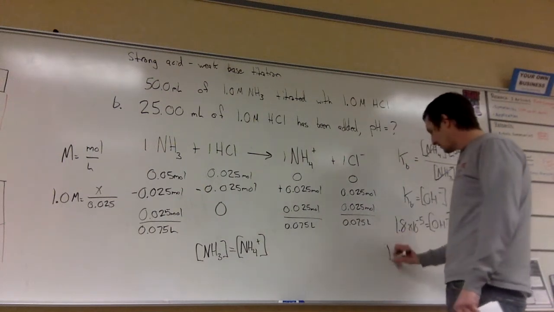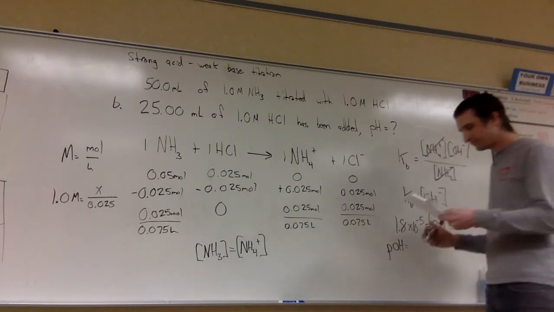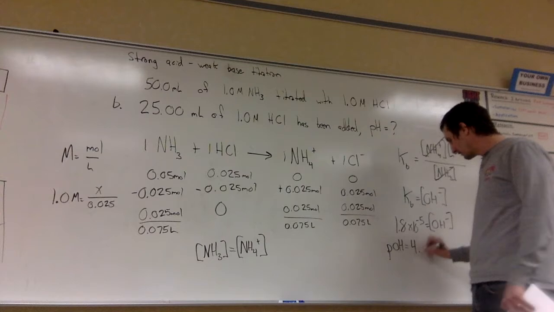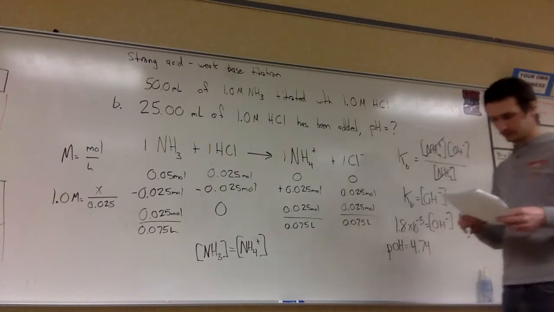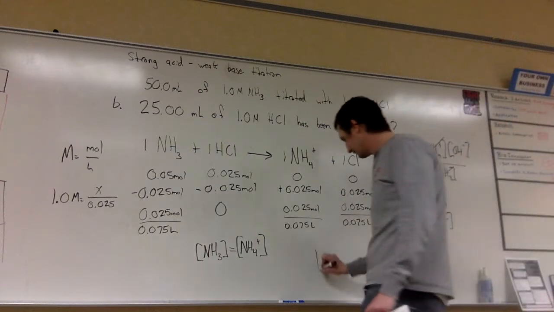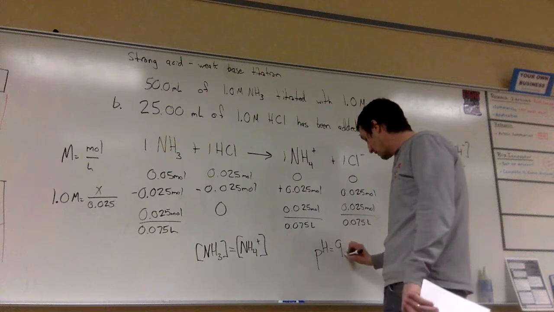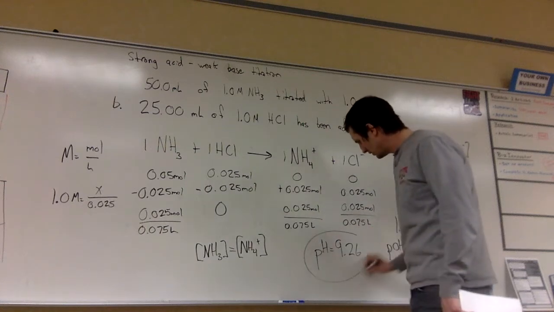So pOH in this case, I got 4.74, which means that pH is equal to 9.26.